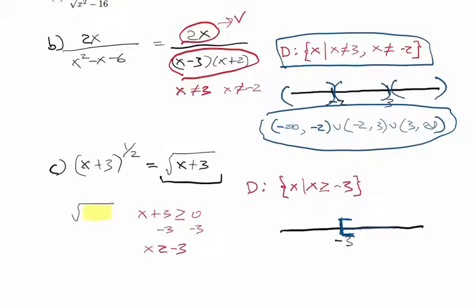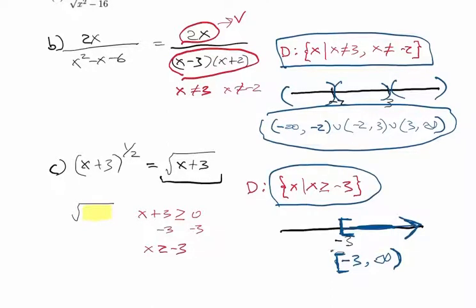And anything bigger than negative 3, so go forever to infinity. So we have negative 3 comma positive infinity. But here we put a bracket because we include negative 3 in this case. So these two represent the domain of this function.